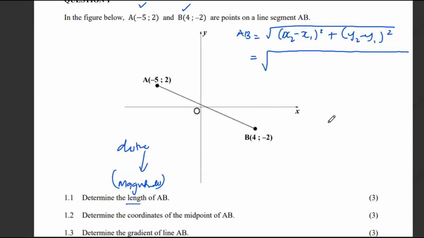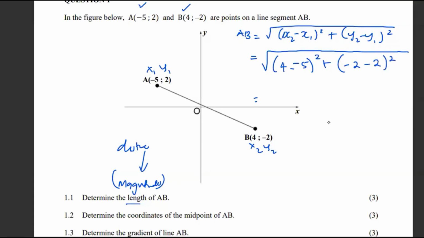With the first one, what I normally do is baptize these coordinates. I call this x1, y1. This is my x2, and then y2. Then I substitute this into the formula. With the x's, I'm going to have 4 minus -5, squared. With the y's, we have -2 minus 2, squared.